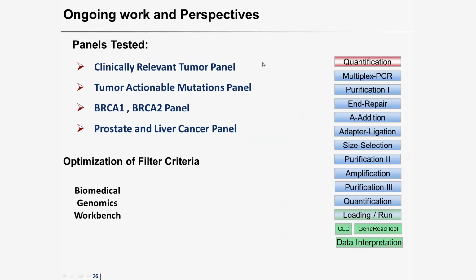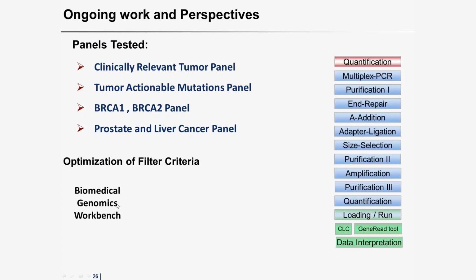So as I mentioned, when we establish a new panel, we always perform Sanger validation, and that is done because filtering of false positive variants is sometimes really quite tricky. In my lab, we are working with the Biomedical Genomics Workbench as a bioinformatic tool.